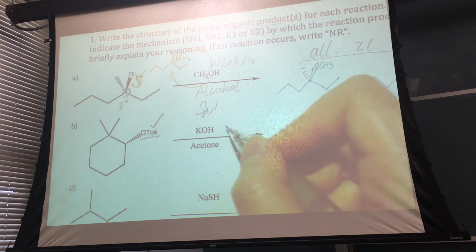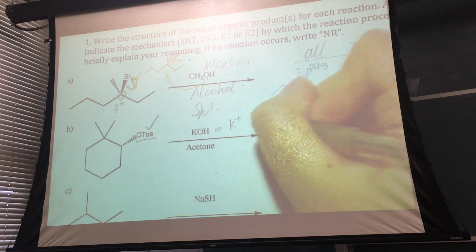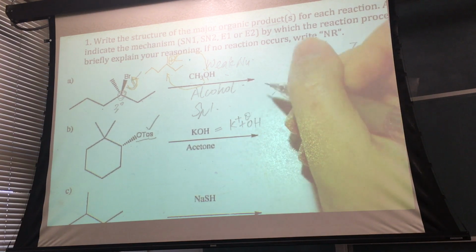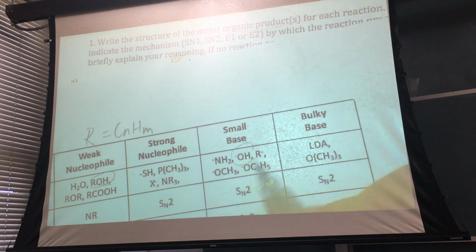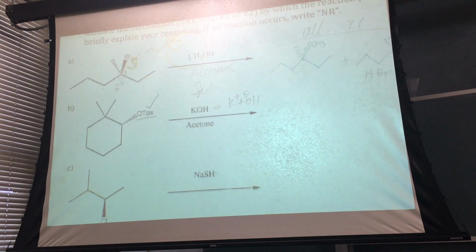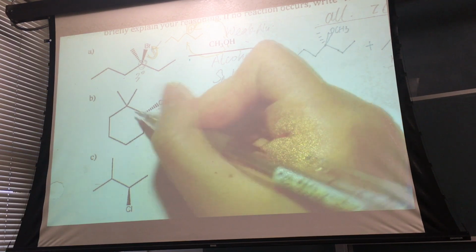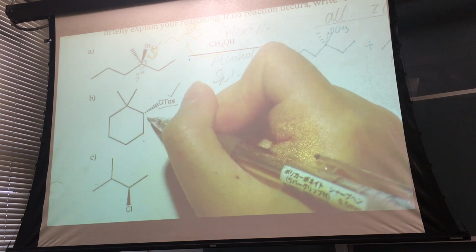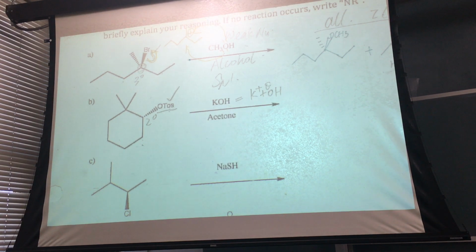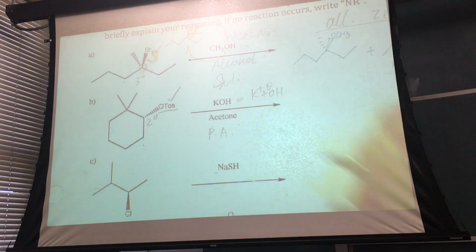It's a small, strong base, because KOH equals K plus and OH minus, and OH minus is here. Small, strong base. And this one has a good leaving group on carbon 1, 2, a secondary carbon. Acetone is a polar aprotic solvent.